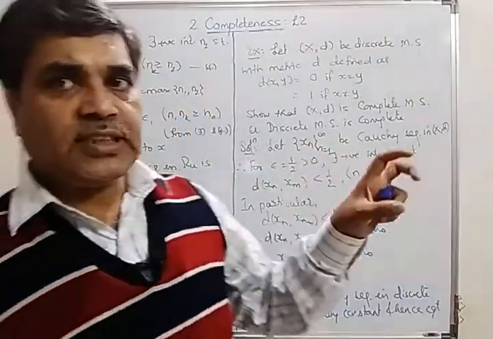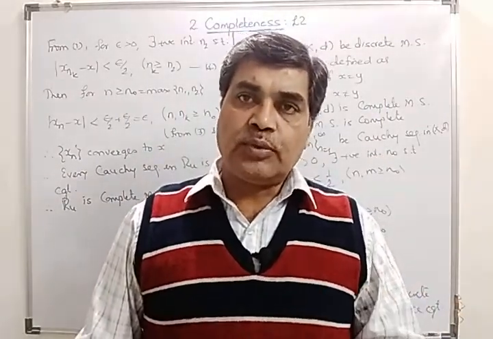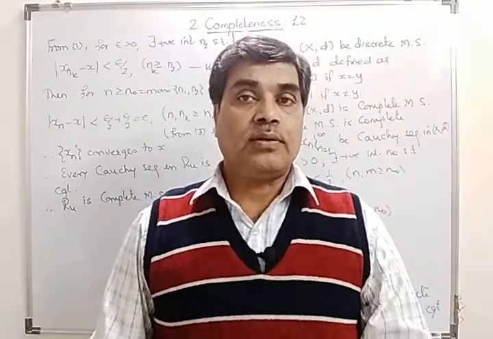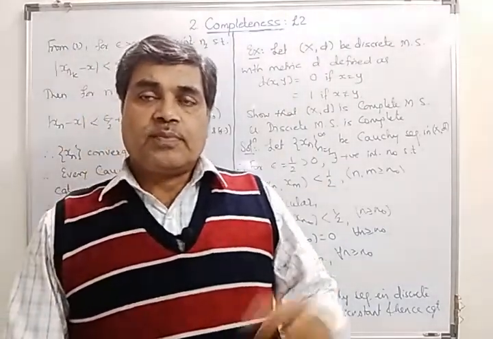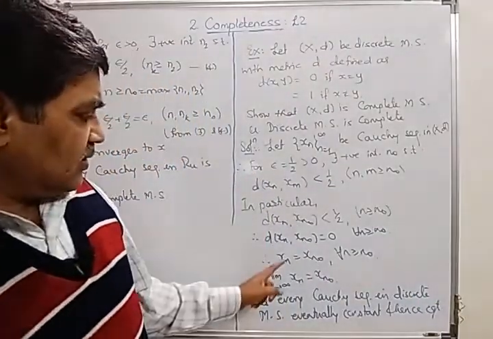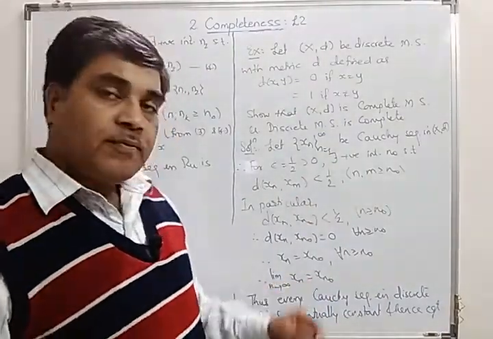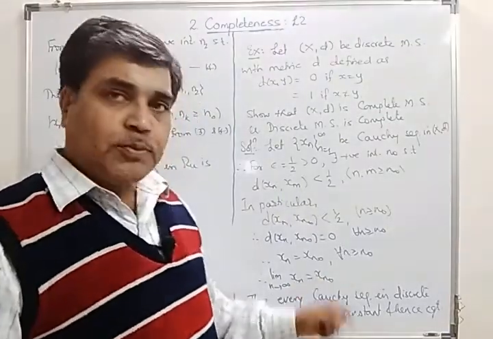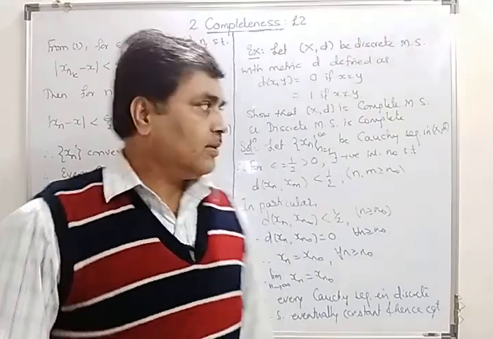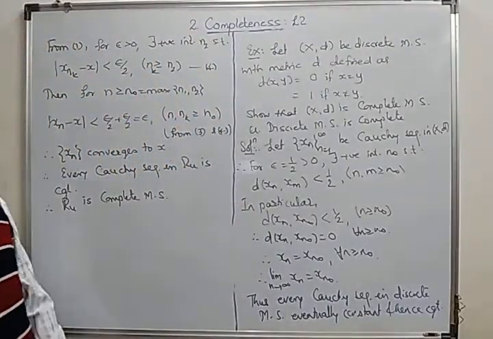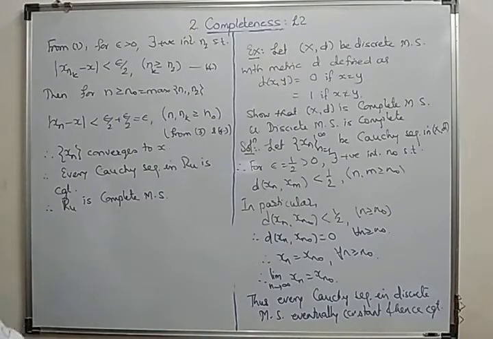A sequence (x_n) is said to be eventually constant if x_n equals x for every n greater than or equal to n0, for some n0. So for an eventually constant sequence, x_n becomes x_n0 after n greater than or equal to n0, and therefore that sequence must approach that fixed number. Is it clear? So we proved that every Cauchy sequence in a discrete metric space is eventually constant and hence convergent.